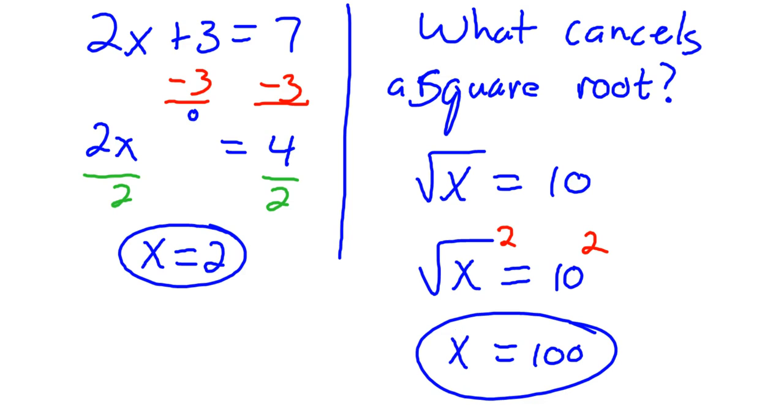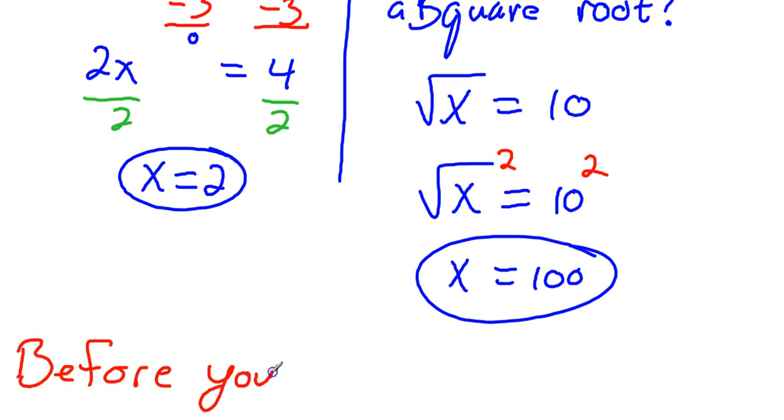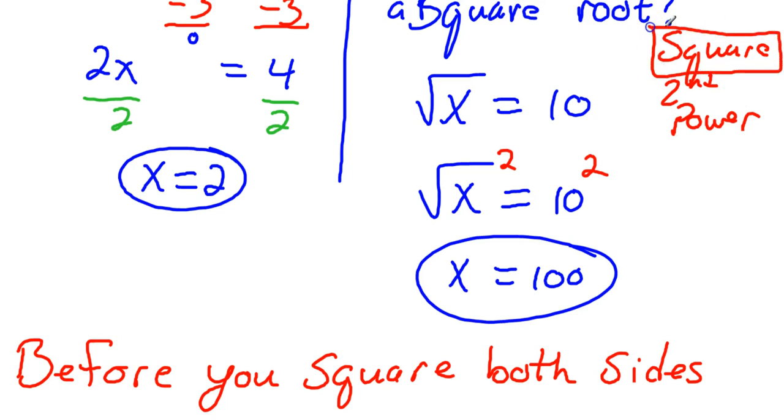Now, here's the big thing you have to remember, the one thing you've got to make sure of. Before you square both sides, so it takes a square number to do that, it's just the second power.